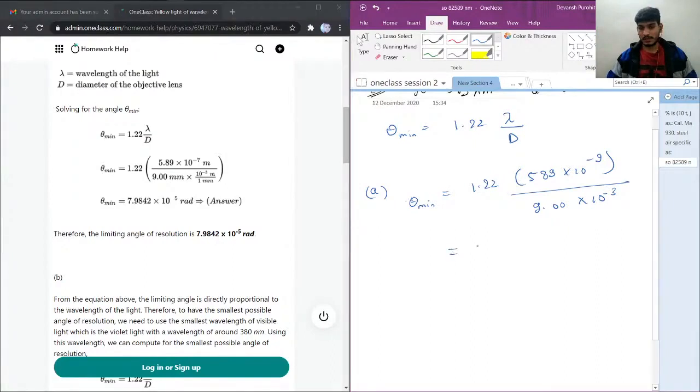So this is 7.984 into 10 power minus 5 radians. So the minimum angle for resolution is 7.984 into 10 power minus 5 radians.